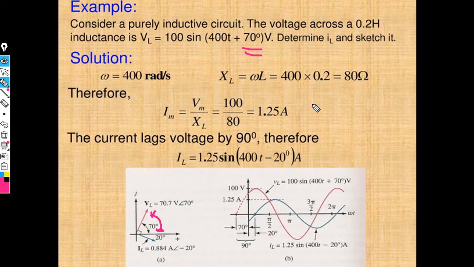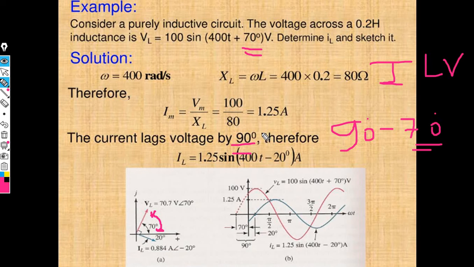Okay, then here we have to calculate the current lag by 90 minus the angle of 70. The angle is given as 70, but in a purely inductive circuit the current I lags the voltage by 90 degrees, so that is 90 minus 70, which gives 20.